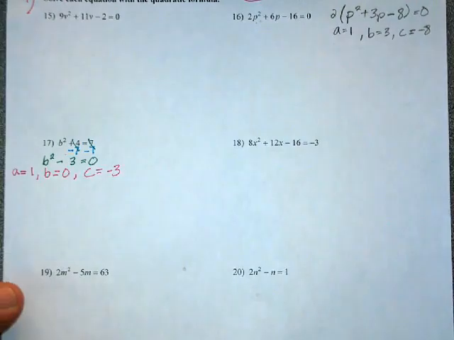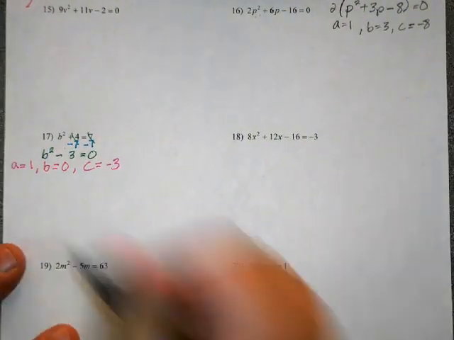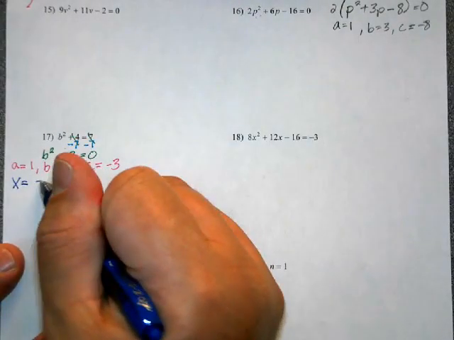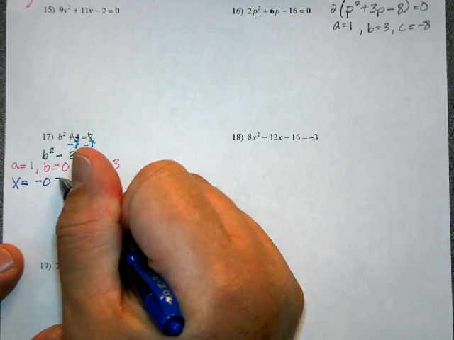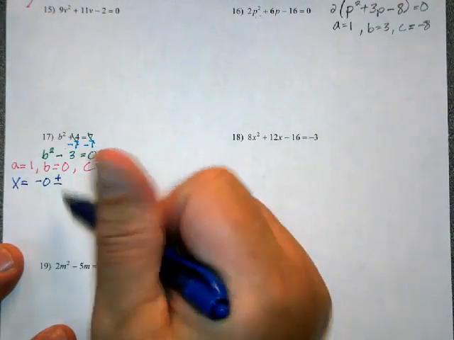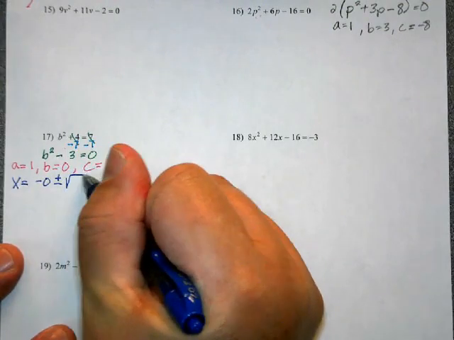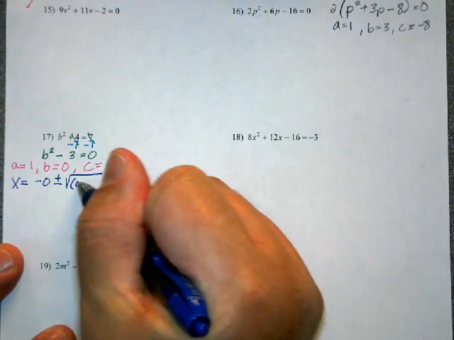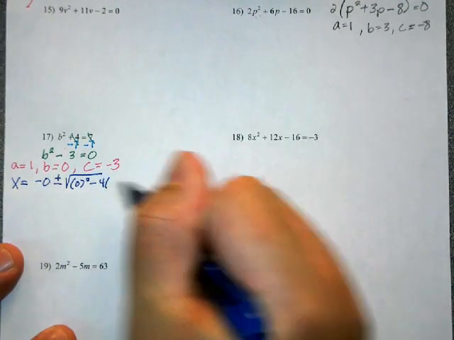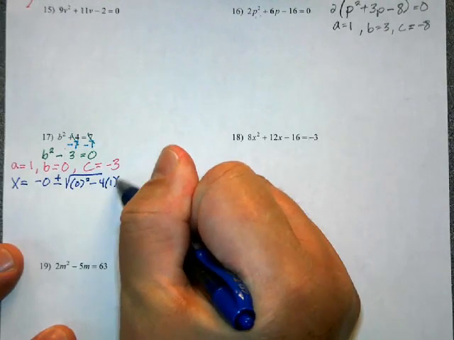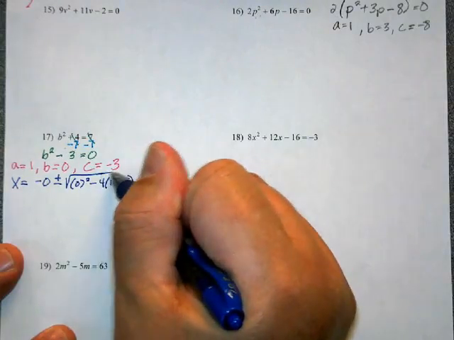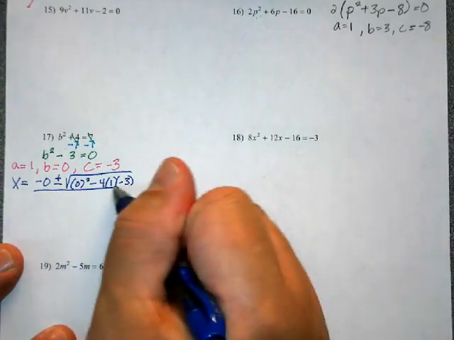So x equals negative b, negative 0, which really doesn't matter, right? Unless you get into calculus, then it does matter. Plus or minus the square root of b, 0 squared, minus 4 times a, which is 1, times c, which is negative 3, all over 2 times a, which is 1.